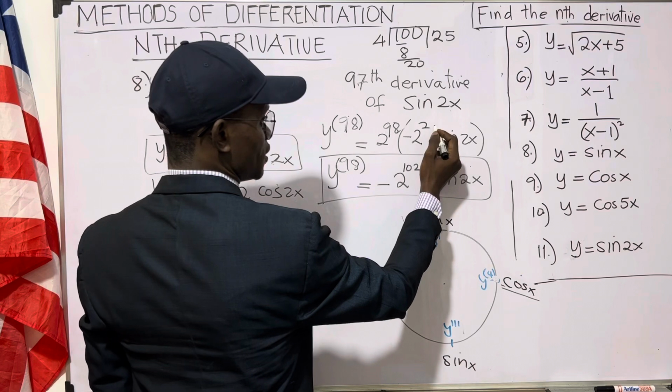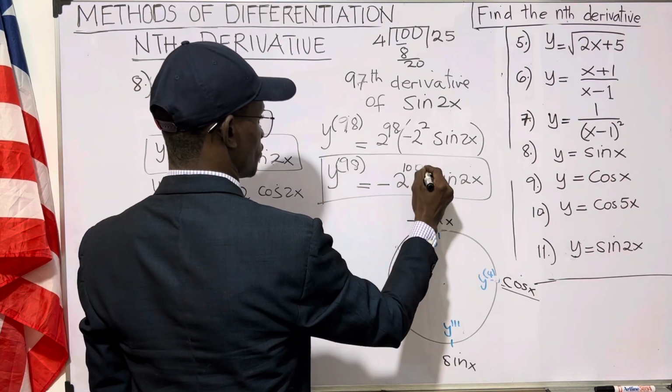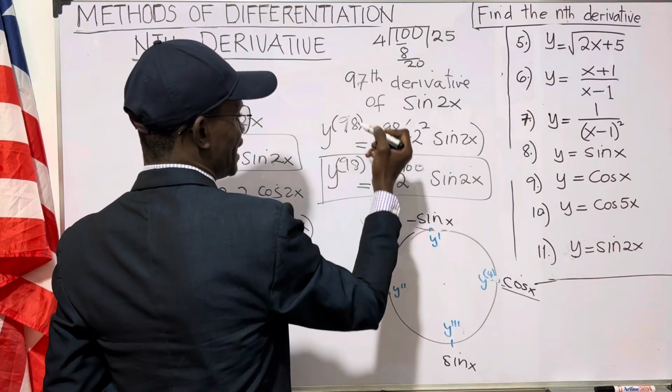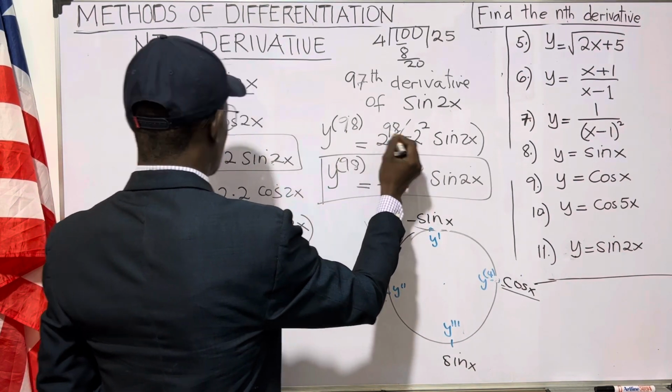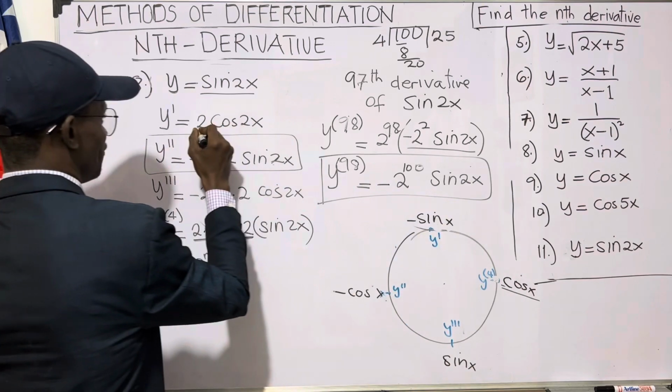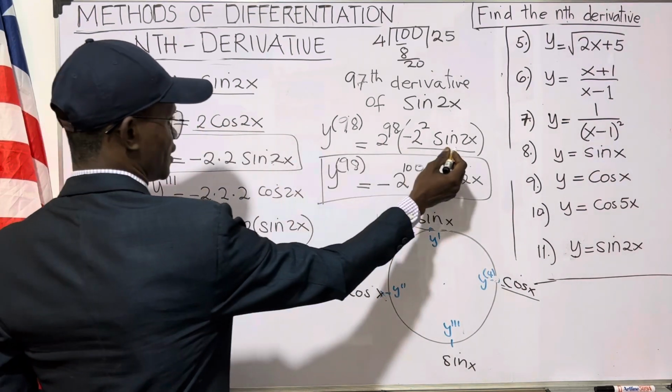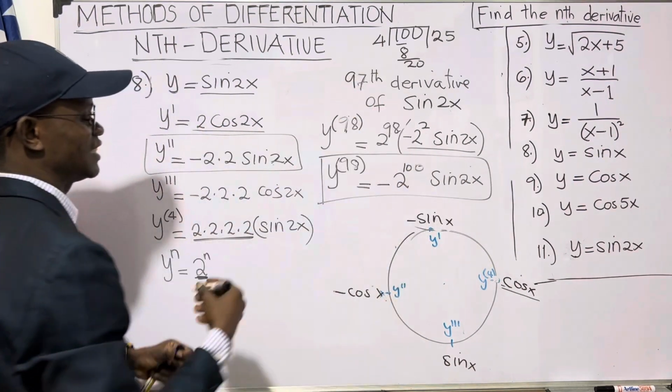So 98 and this 2 give us 100. So if this was 97, this would have been 97, and then the expression in here would have been 2 cos of 2x. So it would have just been 98.